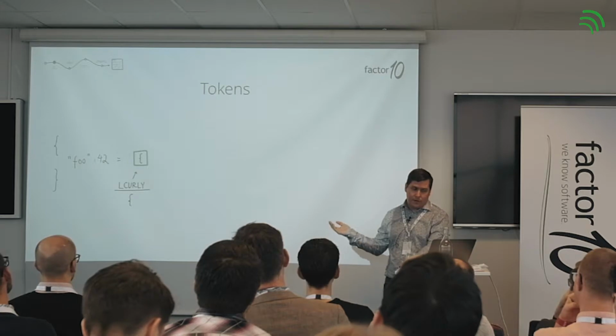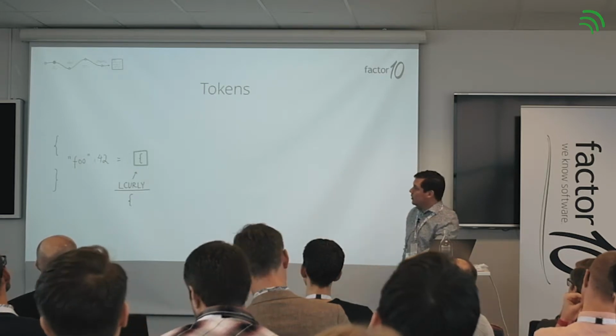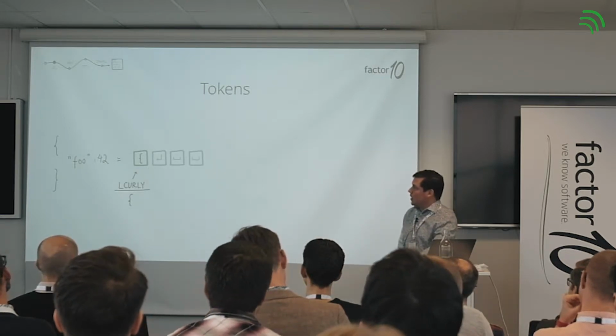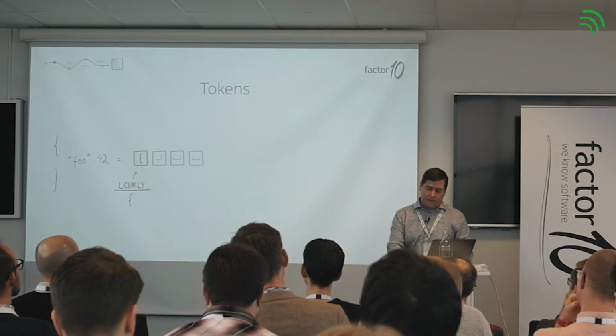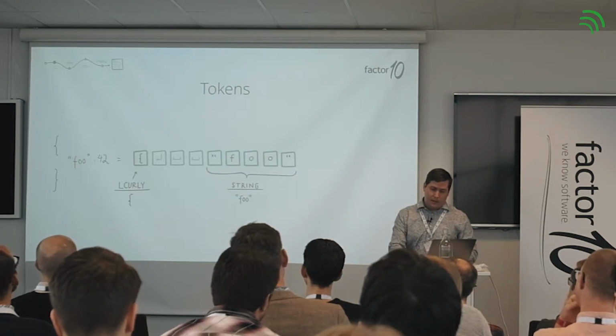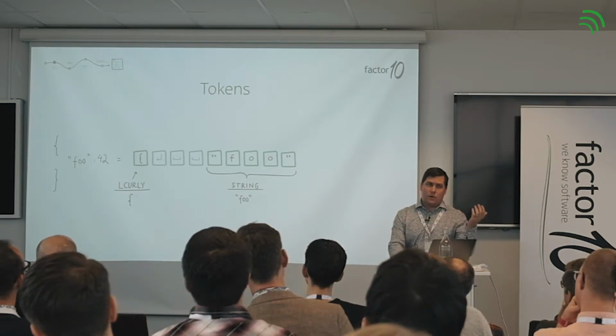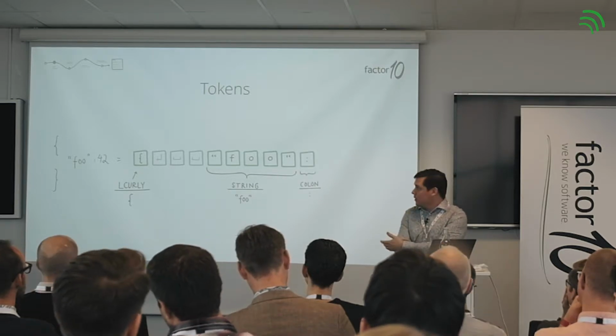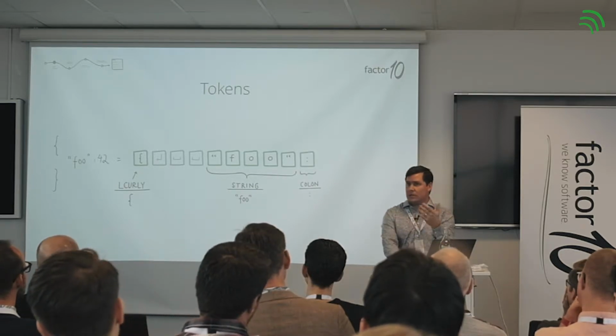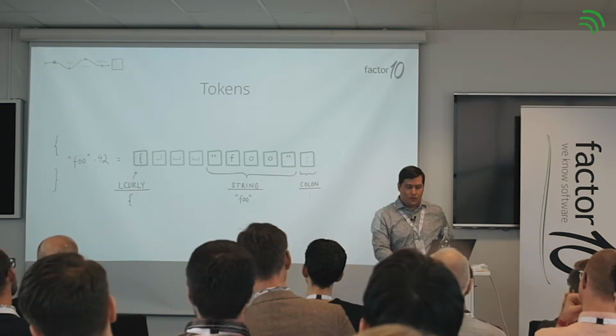So first we have a left curly. Then we have a new line, 2 spaces, which are not significant, so we don't care about them. Then we have something that starts with quotes and ends with quotes, and that's a string. We have a colon, which is the delimiter between an attribute's name and the attribute's value.